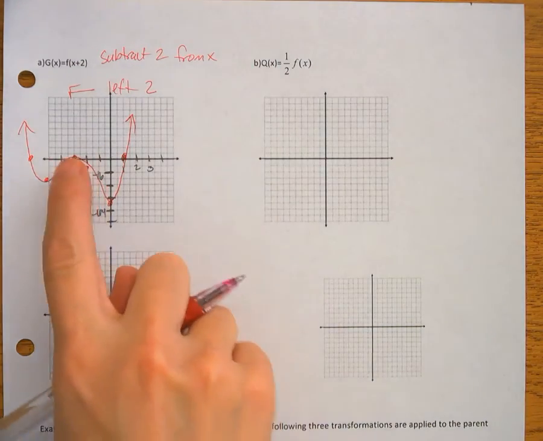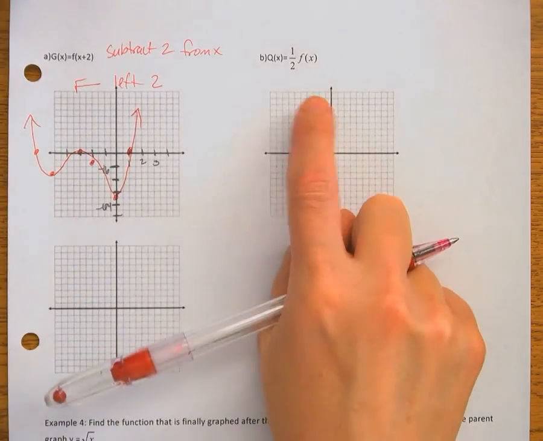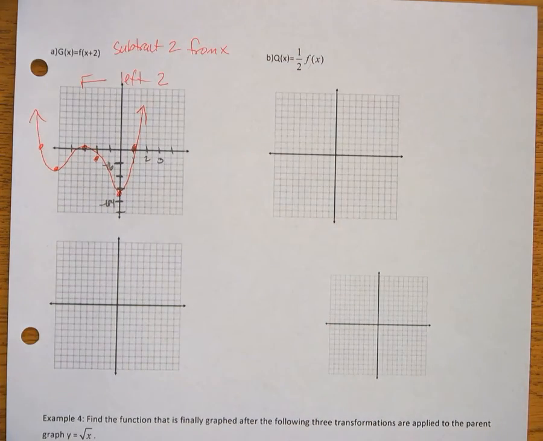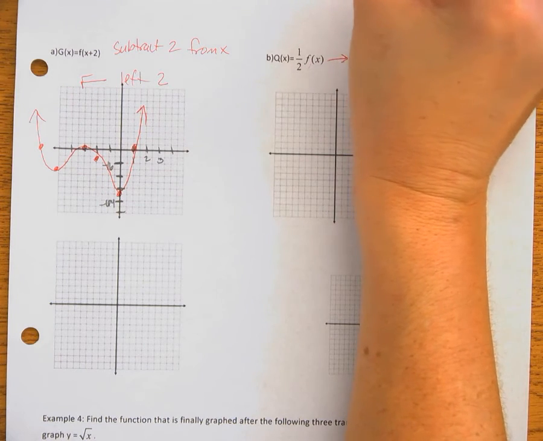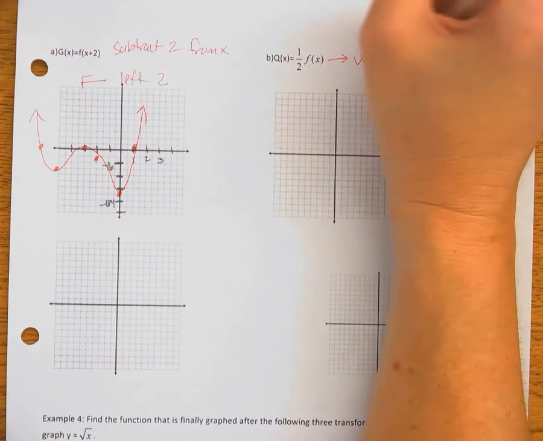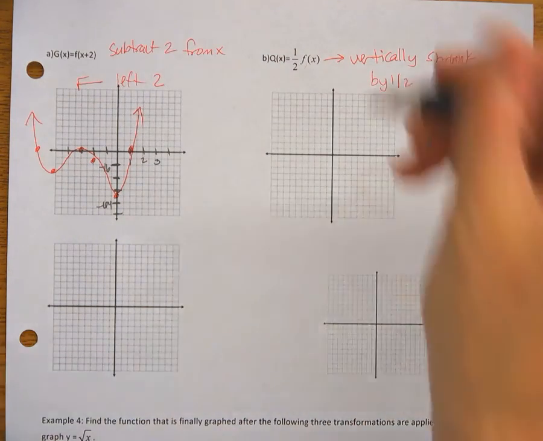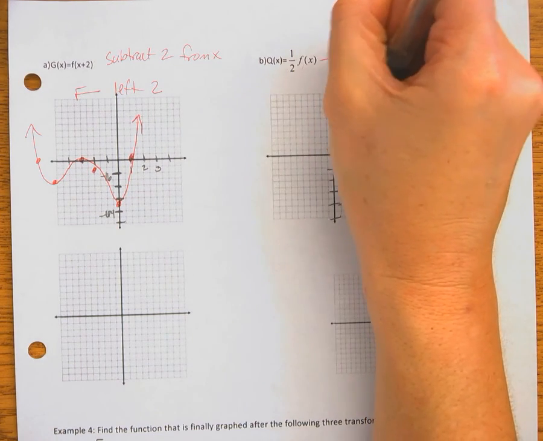So your graph should look something like this one, depending on how you labeled your axis. For your second try, you should have multiplied the y values by 1/2 or divided the y values by 2. So this one should look vertically shrunk by a factor of 1/2. So again, it helps if I label the y-axis the same way it was labeled in the other graph, and same with the x-axis.